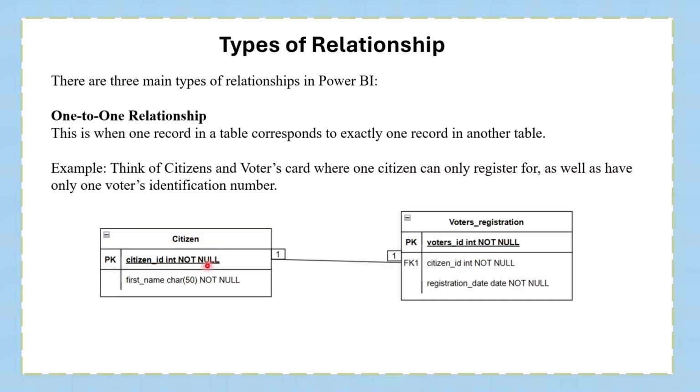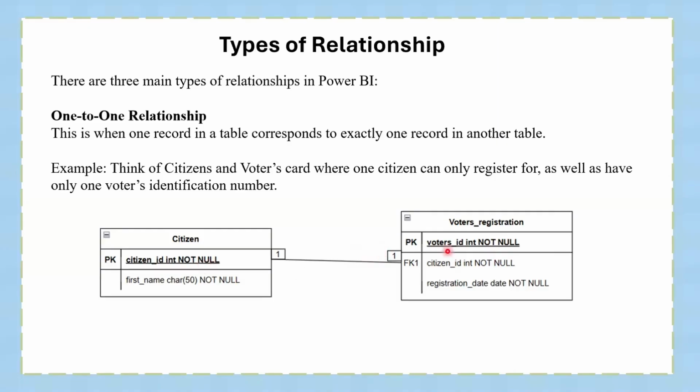So a citizen can only appear once here. But also, because for voters registration, one citizen cannot apply for or register for a voter's card more than once, this is also going to have the citizen's details appearing only once in this table.